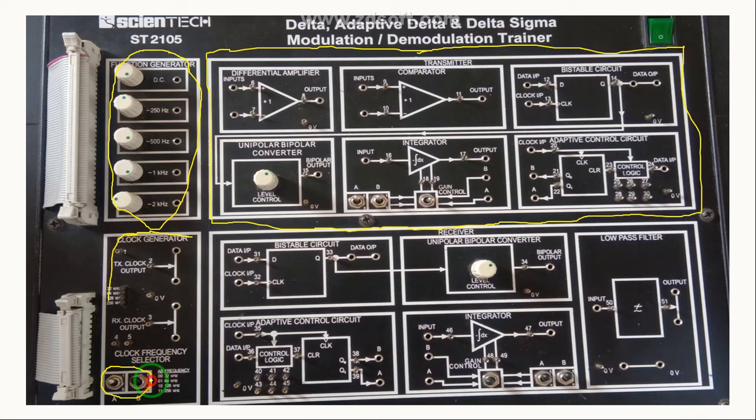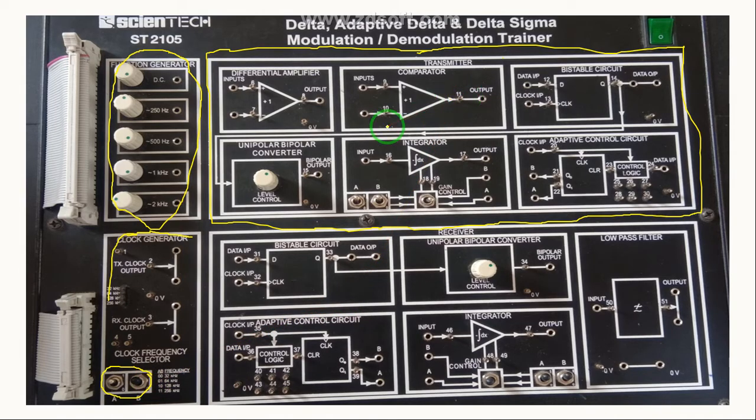By varying your selector switch, you can select the sampling frequency, which is available at 32 kilohertz if both the inputs are 0, 0. For 0, 1, it is 64 kilohertz. For 1, 0, it is 120 kilohertz. And then for 1, 1, it is 256 kilohertz.